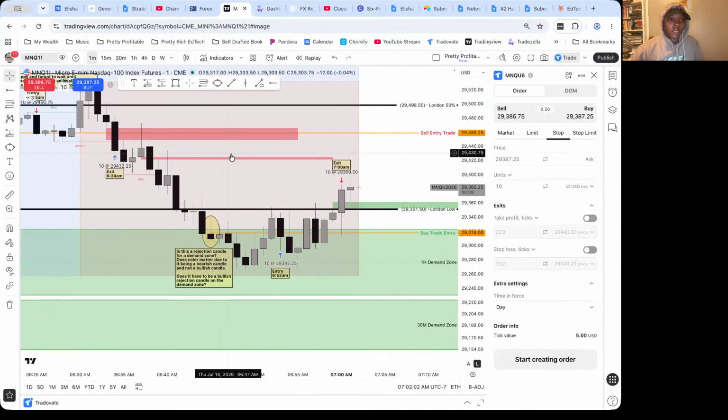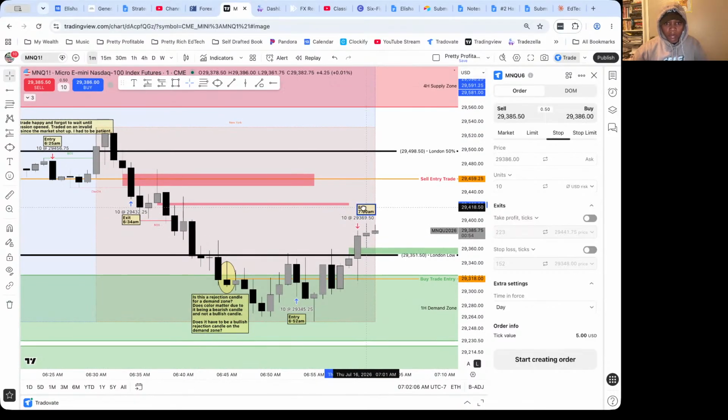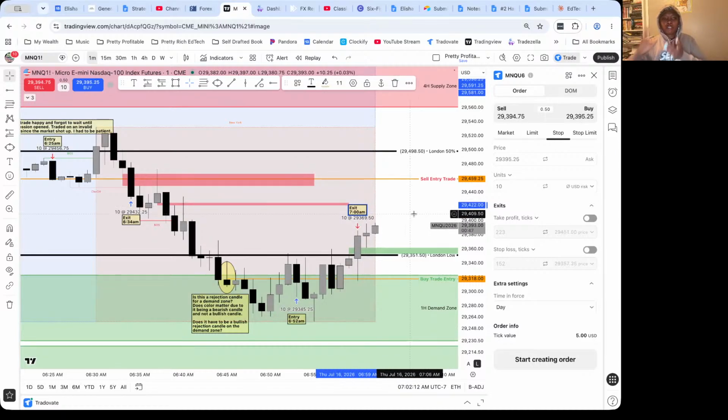So I chose to now trade 10 contracts instead of one because I learned that for prop firms, depending on the type of prop firm that you have, your drawdown is, how do I say it?